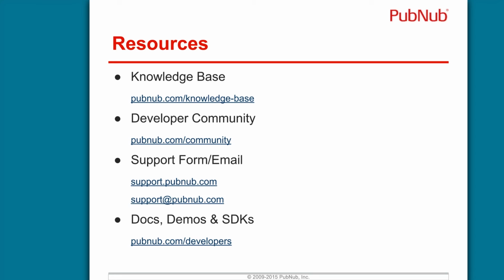And then obviously there's docs, demos, and SDKs out at pubnub.com/developers that you can scour through. A lot of the topics that I've covered here are there in some tutorial form or another. And then obviously, there are a lot of apps that you can use as a point of origin for your own solution. There's several demos out there that you can use.